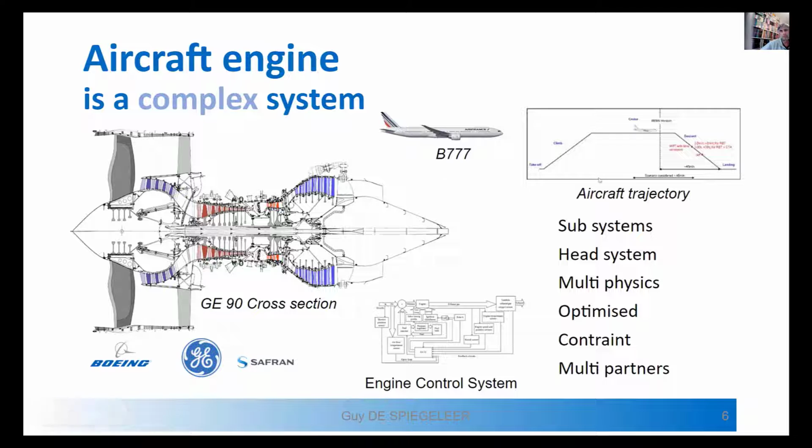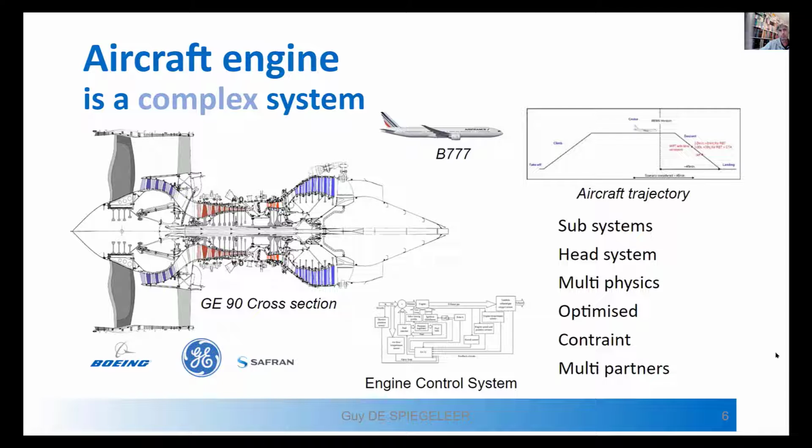And you also have to consider the trajectory. Of course, you do not design or optimize the aircraft the same way when you consider cruise or takeoff or landing approach. So you have to consider all these phases to design it. So it's also optimized because of weight constraints.